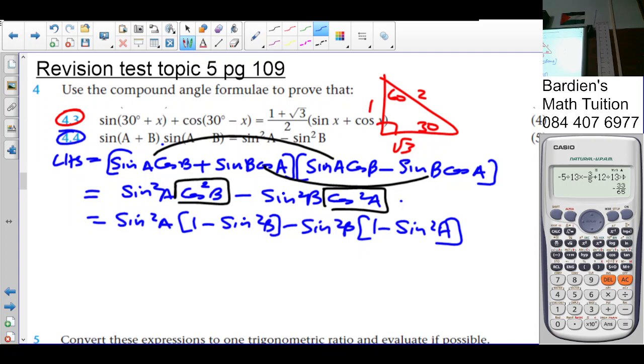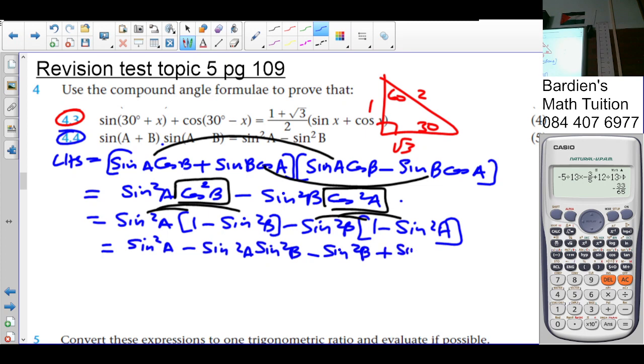So what I do now is get rid of the bracket. As you can see, this is sines only now, so that would simply be sine squared A minus sine squared A sine squared B minus sine squared B plus sine squared B sine squared A. What you should note at this point is that we have like terms.